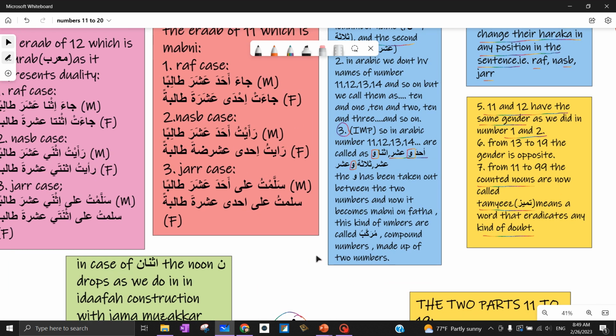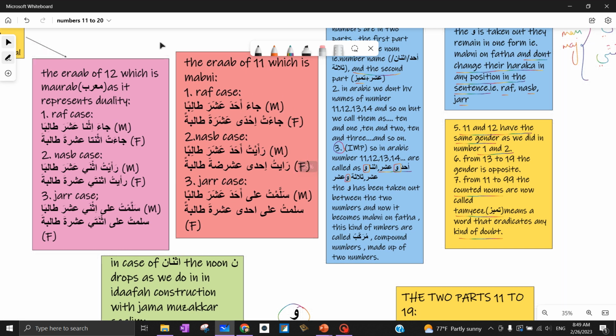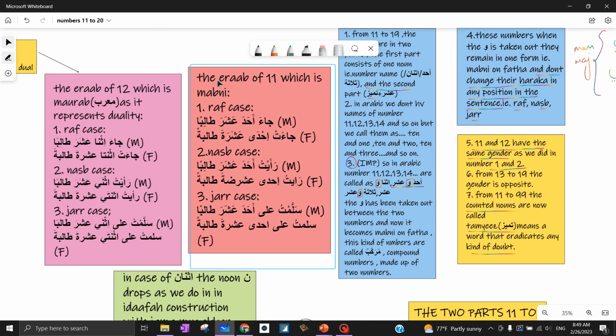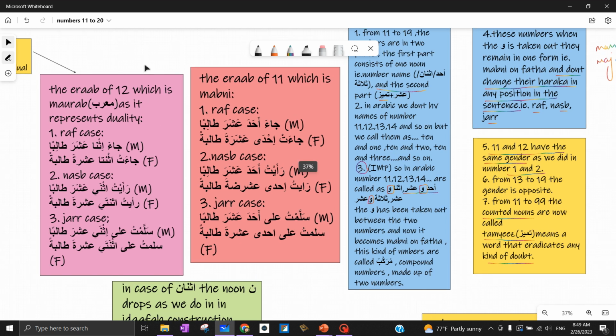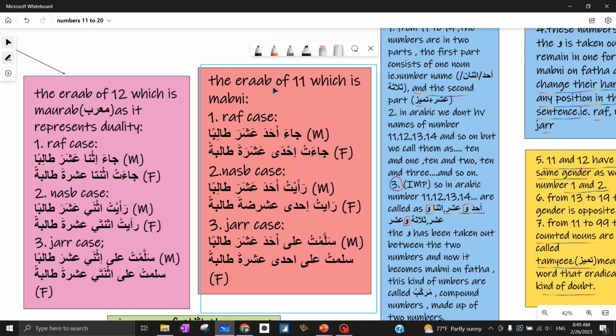So let's see the i'rab. Now I will show you the i'rab of 11 and 12. What happens when number 12 changes? Let's first do the i'rab of 11, which is mabni, because 11 never changes. In the rafa case, what do you see here?